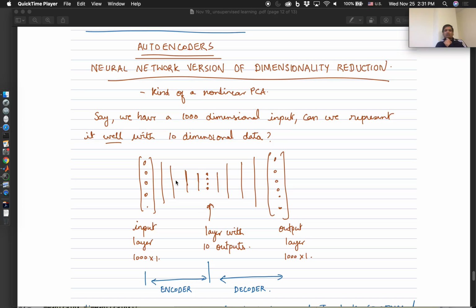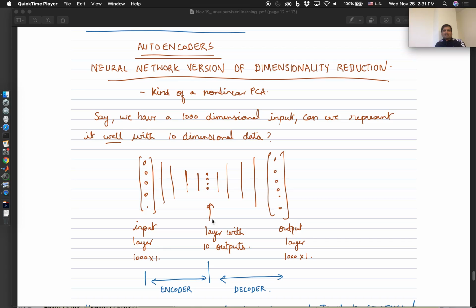And here's how it works. Okay, let's say for concreteness, we want to reduce a 1,000-dimensional space to a 10-dimensional data size. We create a neural network that has this kind of architecture, where you have an input layer with 1,000 numbers, and then we have a few layers with fewer and fewer neurons.